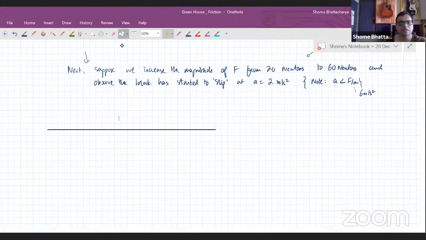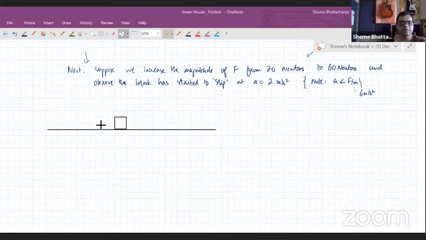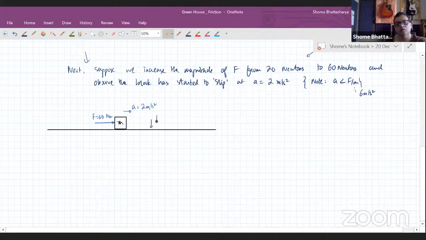And as a result of that, because we've increased the force considerably, now friction is not able to prevent the slipping. It is not able to keep the block at rest. But at the same time, it's still doing something. It's not altogether absent, because we are applying a force of 60 newtons, but the acceleration we are observing is only 2 meters per second square on the same rough surface.